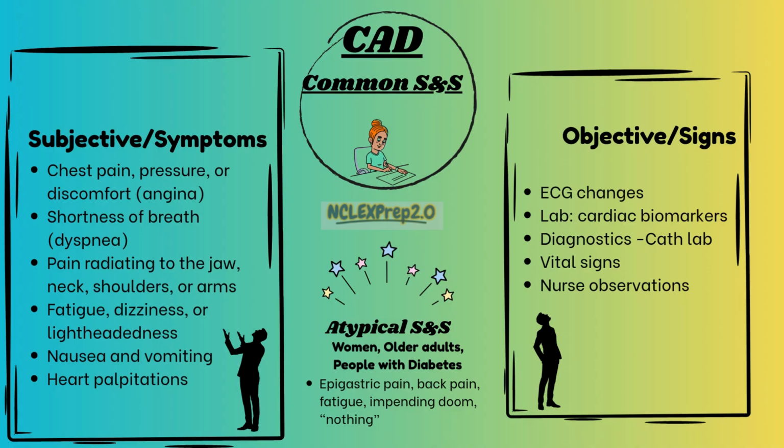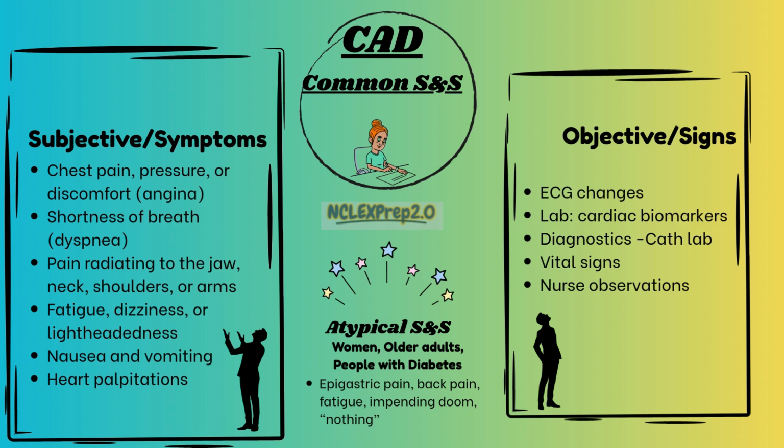And also remember, the test can also ask you about atypical signs and symptoms that we see in some patient populations, like women, older adults, people with diabetes. These populations may have atypical signs, not the regular ones that we've talked about of chest pain, radiating, and all that good stuff. Especially women, they may come and say they have some acidity or epigastric pain.